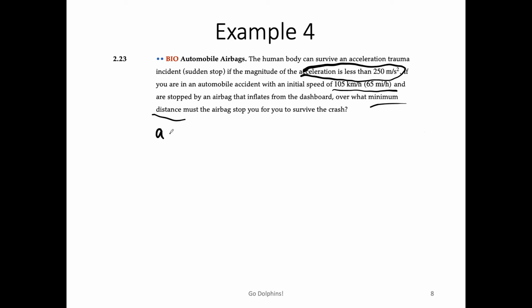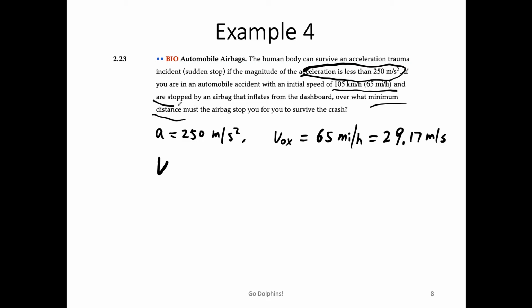We have acceleration 250 meters per second squared. We have initial velocity; let's convert it to SI units. It gives us 29.17 meters per second. Final velocity, right? Stopped. So final velocity has to be 0.